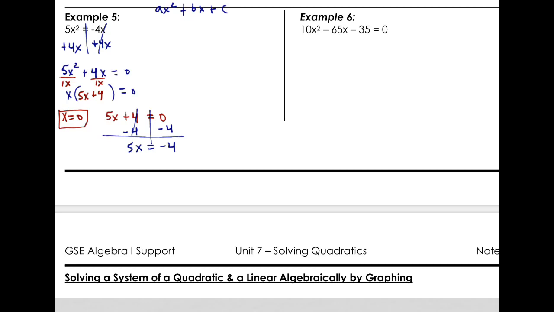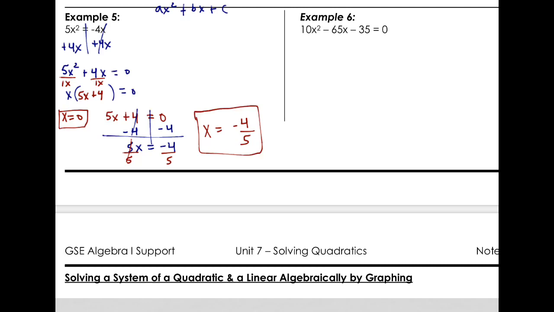Opposite of multiplication is division. Divide by 5. Divide by 5. That cancels out. And then we're left with just an x on that side. So x is equal to negative 4 over 5. Careful not to change signs when you're not using the shortcut. Okay.